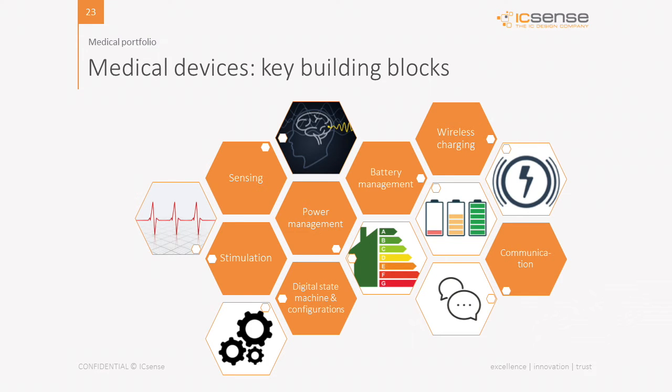So what are the most critical building blocks that you can find on a mixed signal medical IC? What you can see here is that we see a lot of sensing functionality coming up, like sensor readouts, which can be brain signals, but also ECG, EEG, pressure, temperature, oxygen levels, and so on.